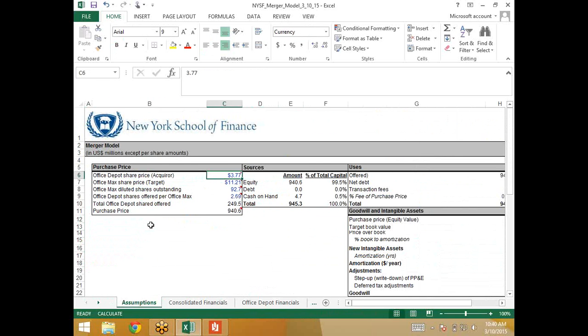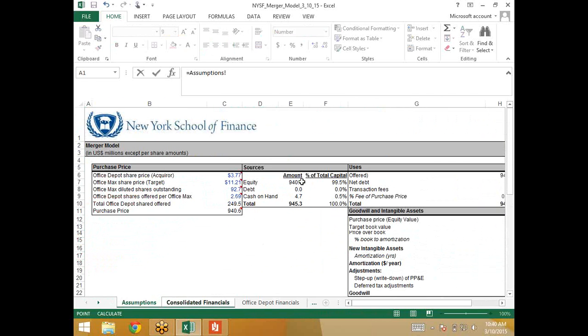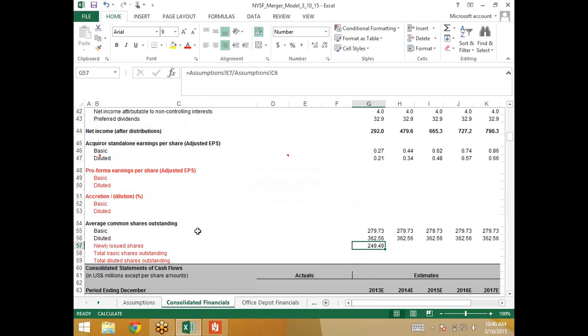So let's do it that way. However, in this special case, the way the table is laid out, the shares offered is 249.5. It says right there, Office Depot shares offered. That's what it's going to be, right? But the standard way to get the newly issued shares is taking the equity raised, in shares, divided by the Office Depot acquirer stock price. It's always going to get you to the number of shares raised, 249.49.